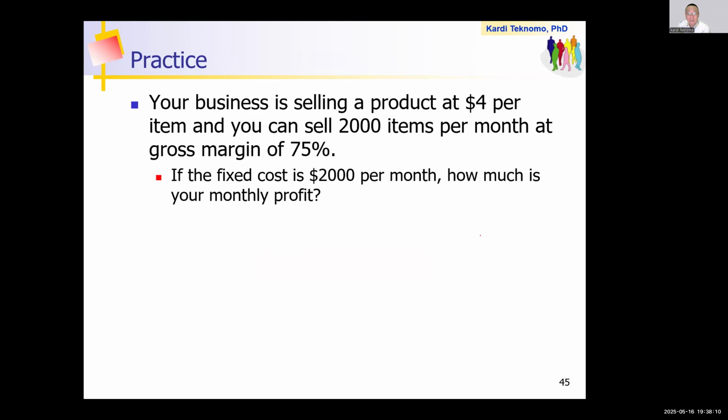So here, in this practice, your business is selling at $4 per item, and the gross margin a while ago was 0.75, right? So 75%. But now we have a demand of 2,000, and you have the fixed cost. How much is your profit? All you need to do is use that formula.